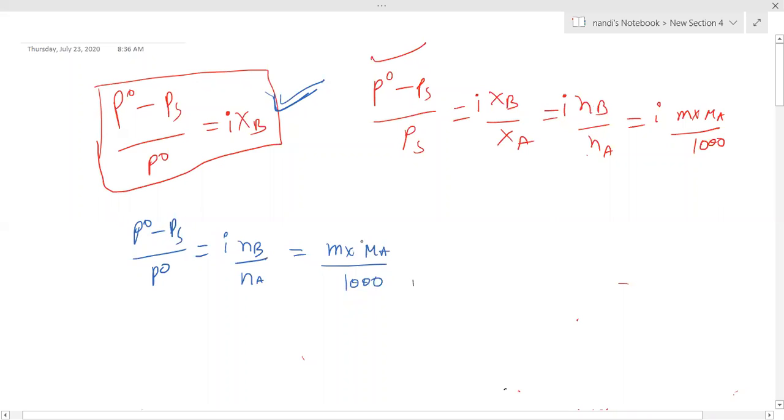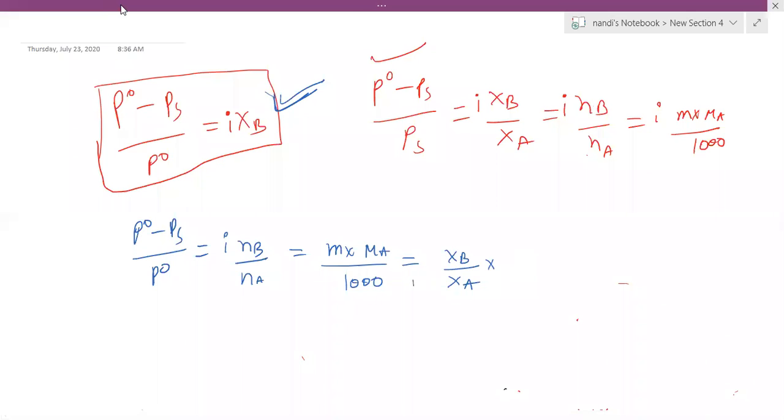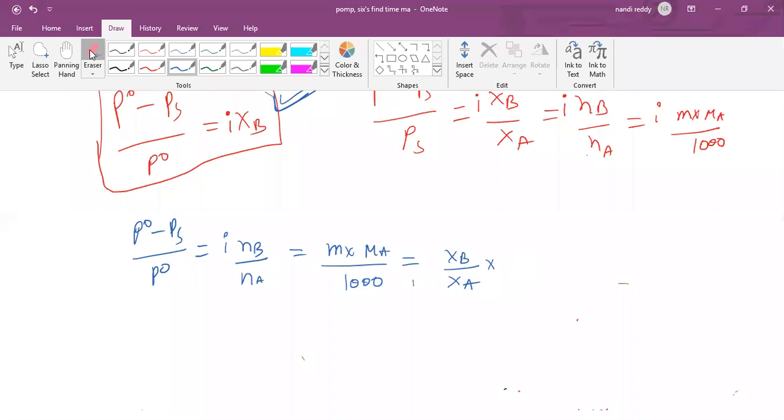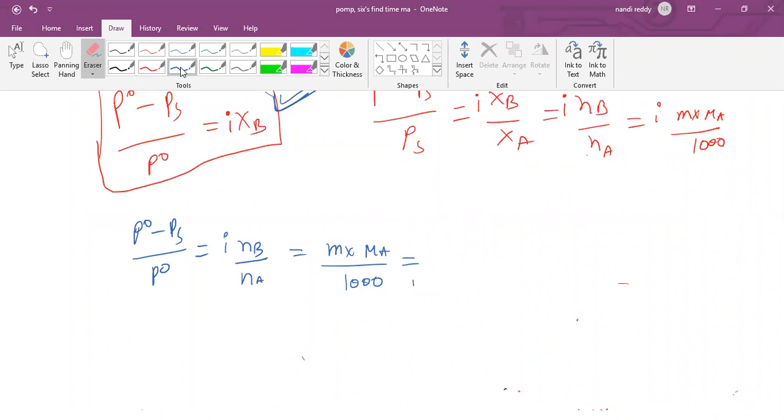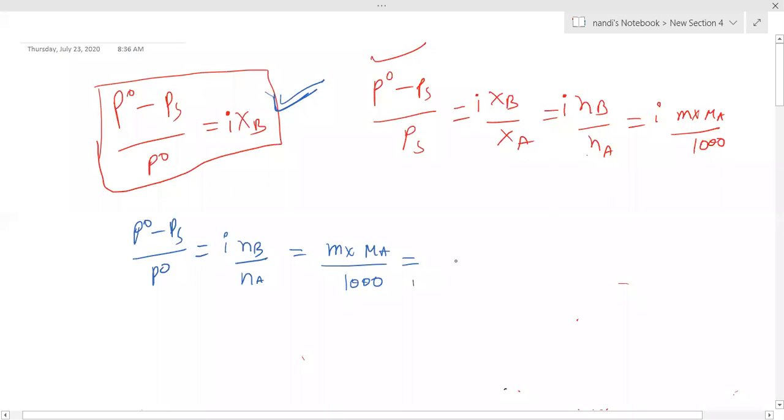Please check. And in place of molality, what can you write, sir? XB by XA into... that will cancel the terms. All right, this is the formula. We can also write in place of molality a molarity relation.